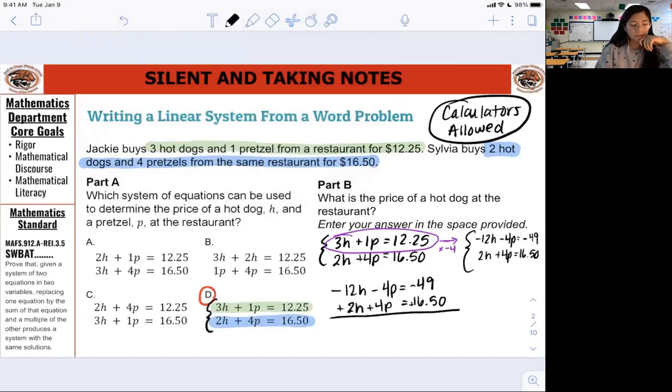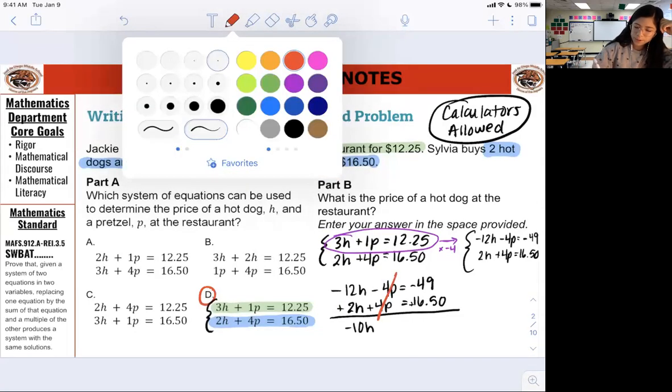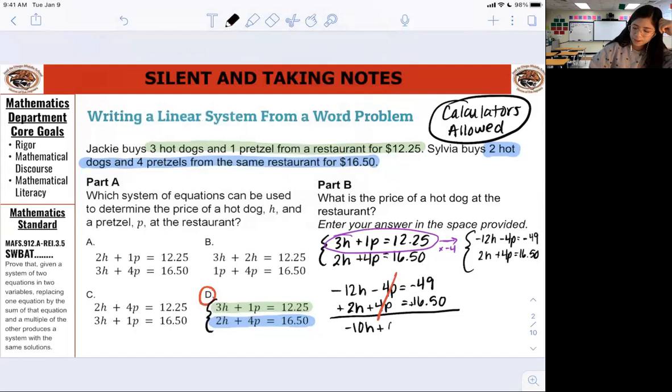So negative 12 plus 2, negative 10h. Good. My 4p's plus negative 4p cancel. One is positive, one is negative, so they cancel. And what about here? Negative 49 plus 16.50, negative 32.5. Very good.